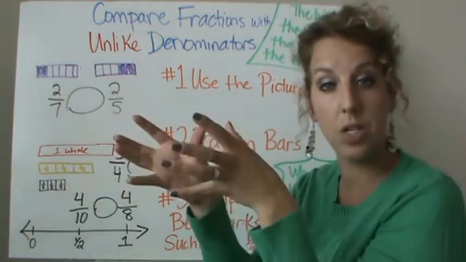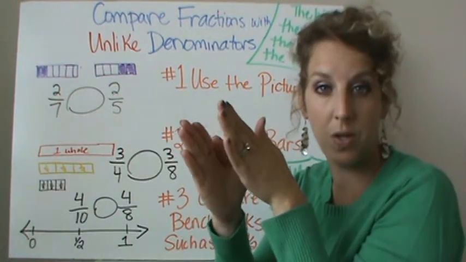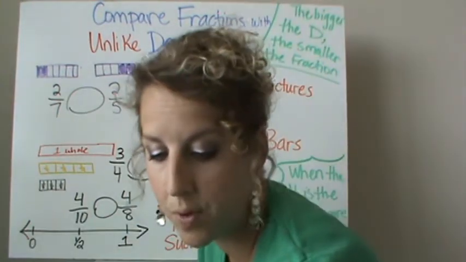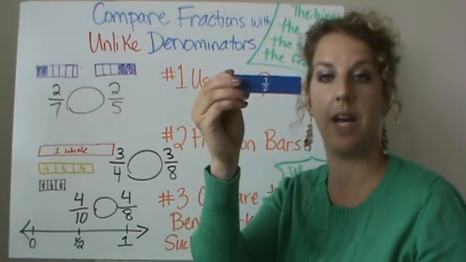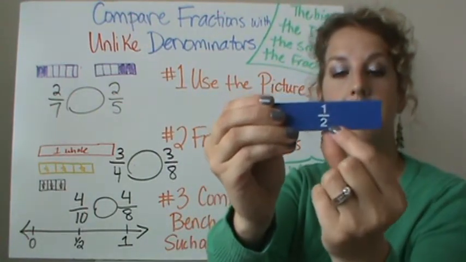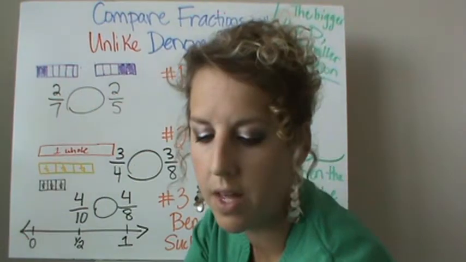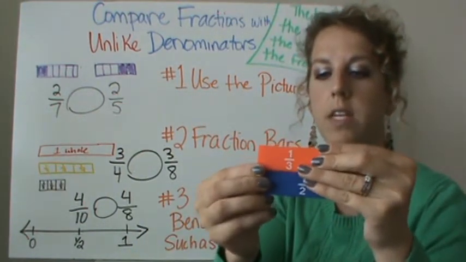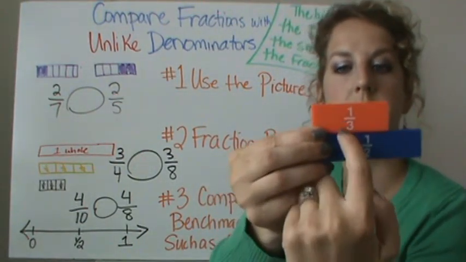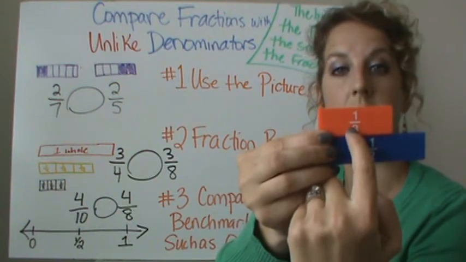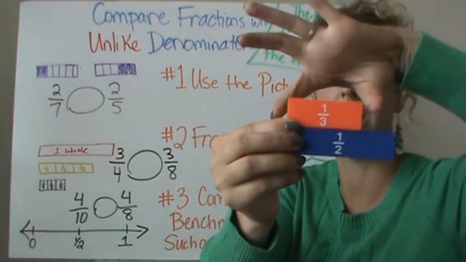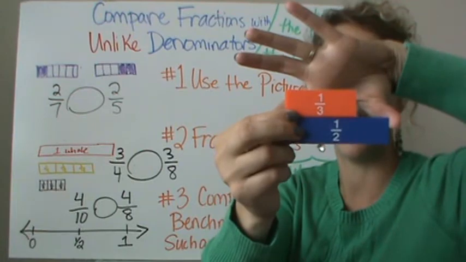So the larger the denominator, the smaller the fraction. For example, the fraction one half, the denominator is 2. In the fraction 1/3, the denominator is 3. So you'll see that the bigger the denominator, the smaller the fraction, and 1/3 is a lot smaller than the half.